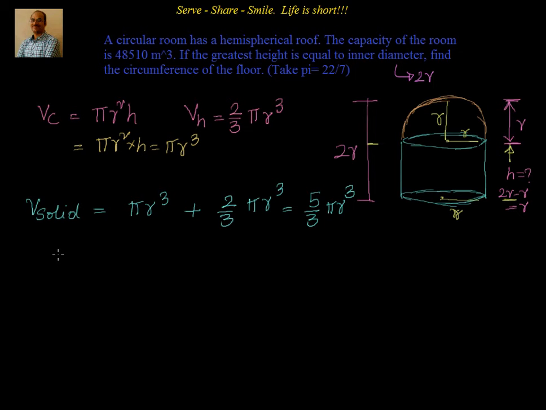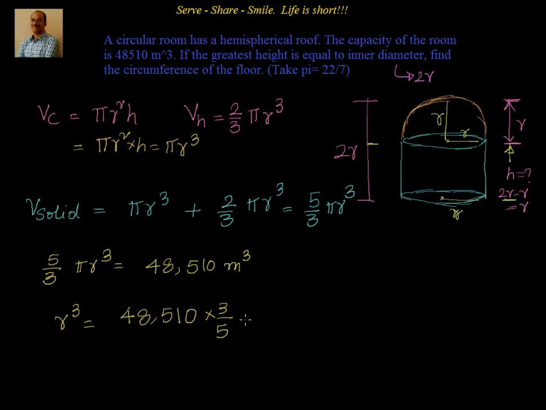Let's calculate the value of the radius. We will say r cube equals 48,510 into 3 by 5, and pi will become 1 by pi, that is nothing but 7 by 22.